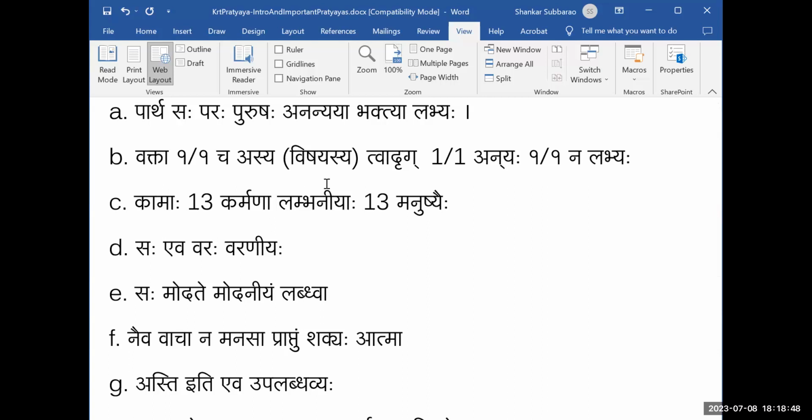Karmana, 3-1. By karma. And manushaihi. This is manusha, akaranta pullinga. So this is 3-3. Manushaihi. And what is it denoting?